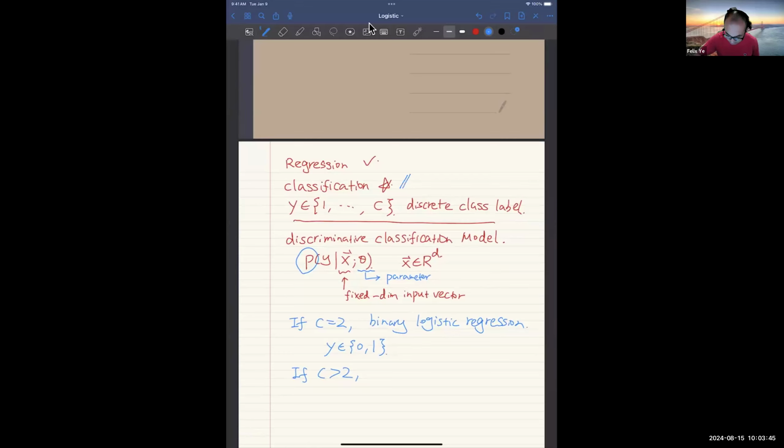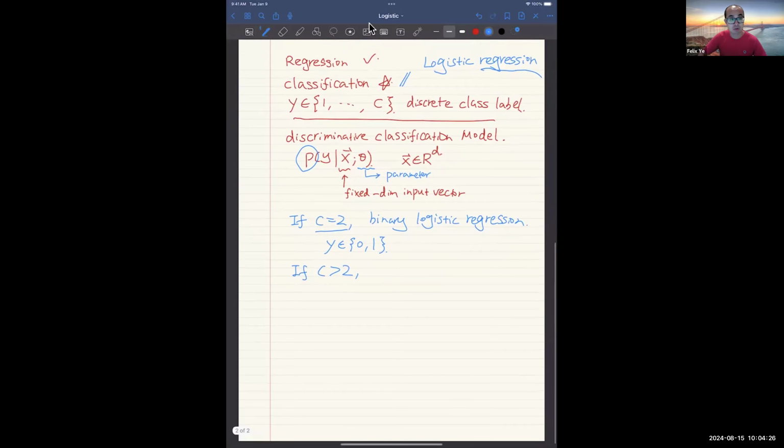I want to emphasize that the first model for classification in this course is logistic regression. Although it is called logistic regression, it is actually a classification problem. We're trying to make classification models directly. So when C equals 2, this becomes binary logistic regression.